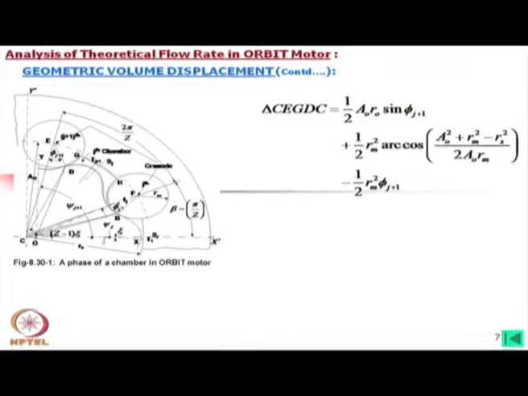So, this is slide number 7. This is R m, that means we are getting this perpendicular, A 0 is this one.